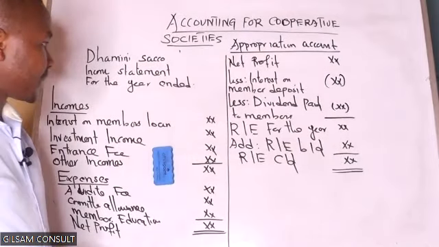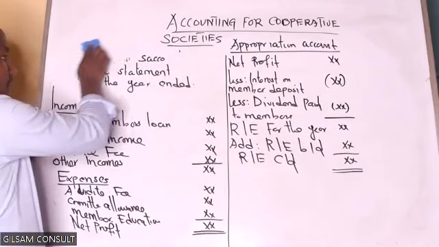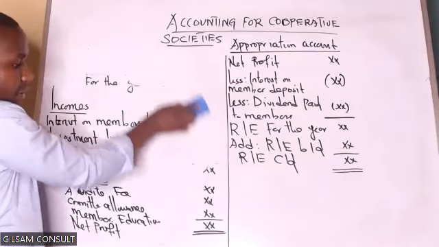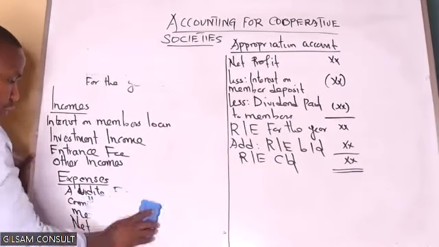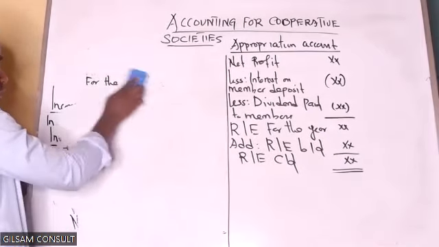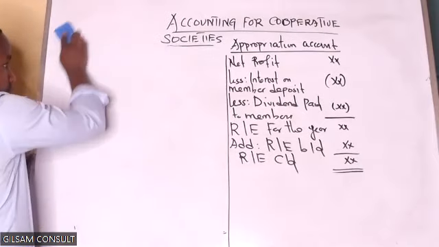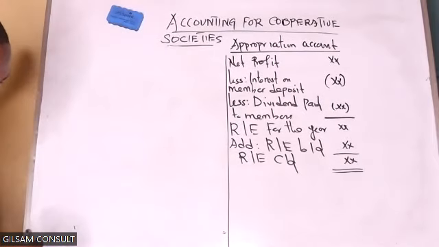The statement of financial position. So as usual, we start with assets.